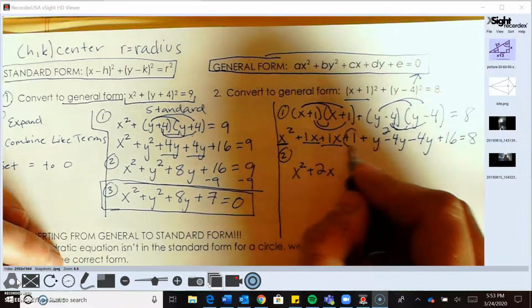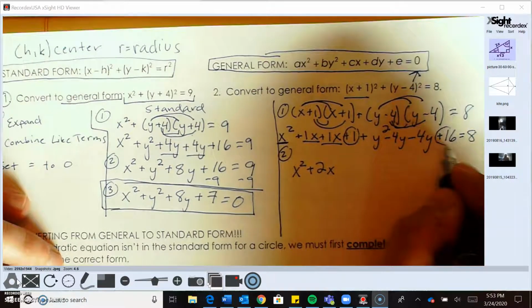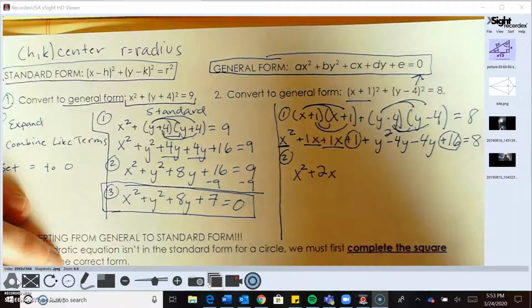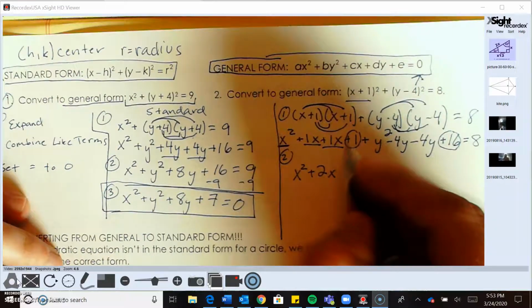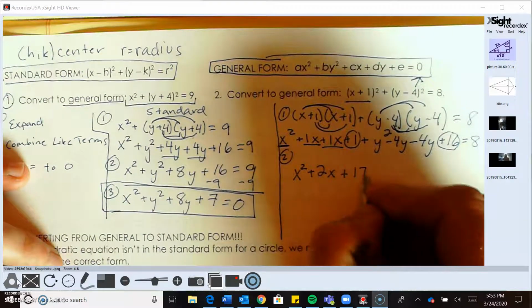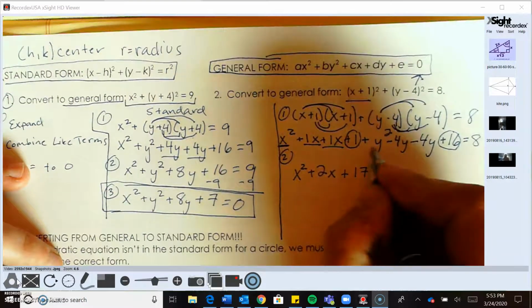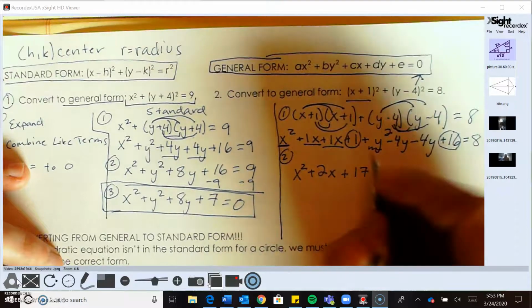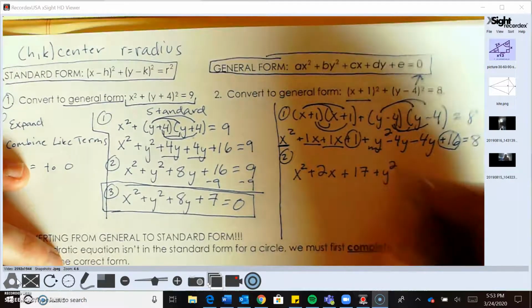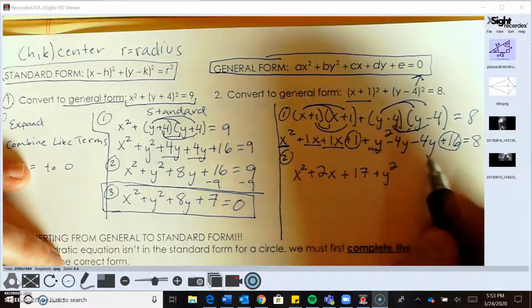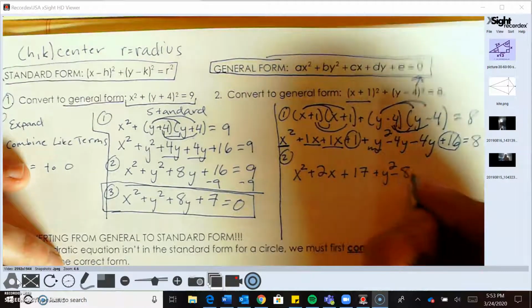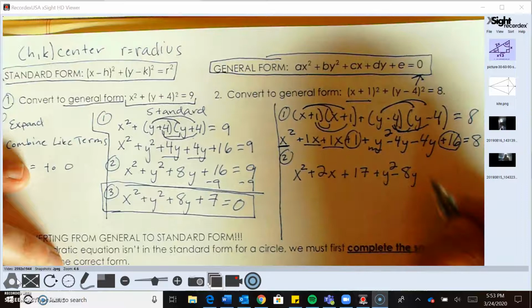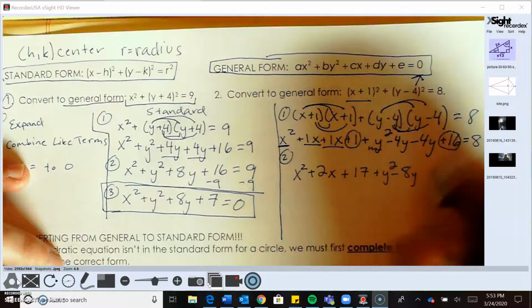Plus 1, well that's a constant, so with my other constant down here, plus 16, 1 and 16 will give me 17. Y squared, there's nothing else that will go with it, so plus y squared. Minus 4y and minus 4y gets me a minus 8y. 16 I already took care of, and that's equal to 8.